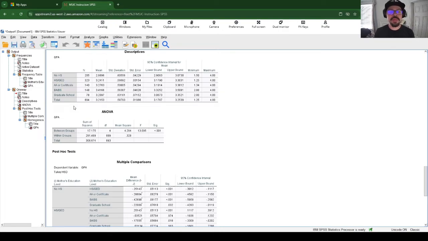The average GPA for students whose mother's education is a high school level is 3.24. So on and so forth. Now, if I were to ask you, are there actual mathematical numerical differences between each of these means? Of course, you would respond with yes. But remember that the purpose of this test is to determine whether or not those differences are significant or meaningful.